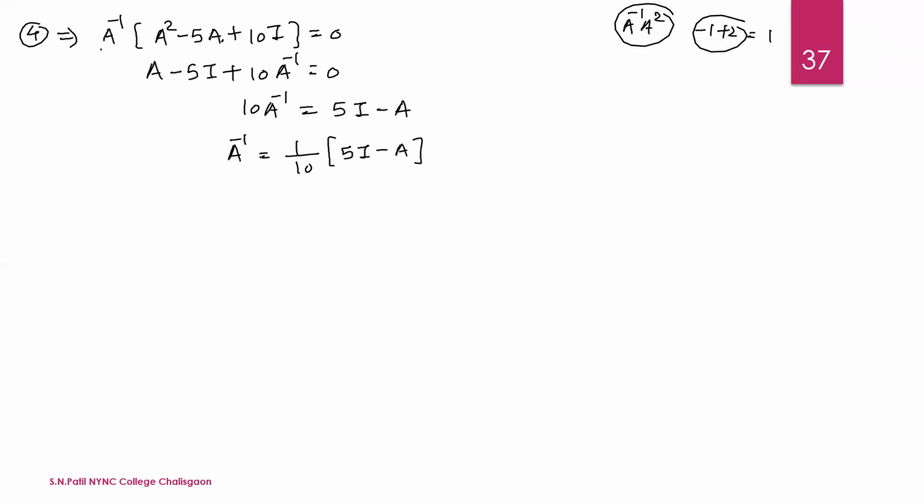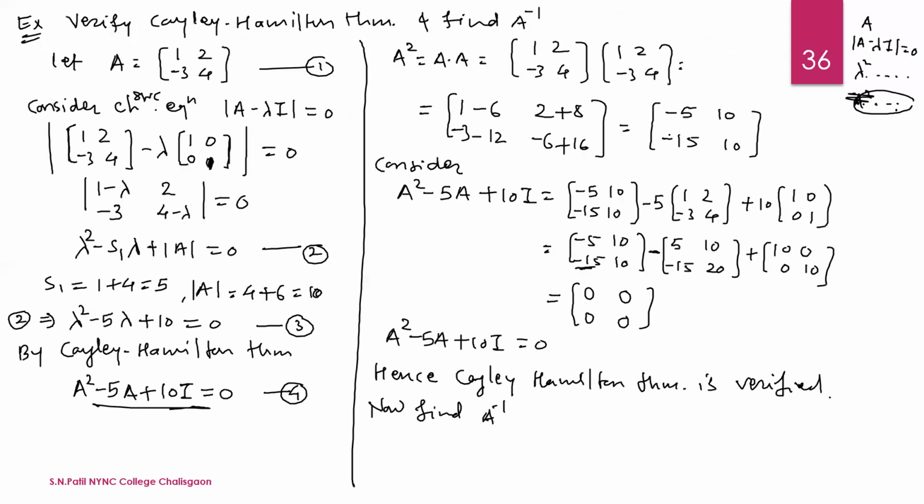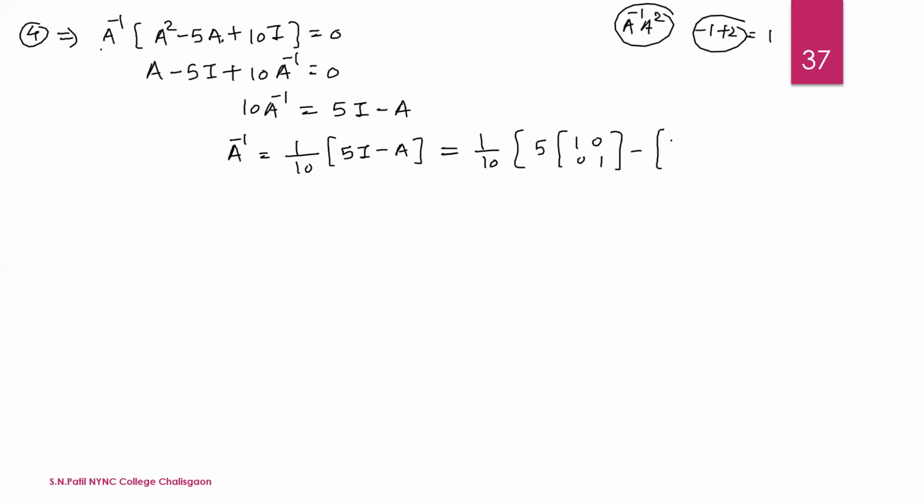Let us put in the values: 1 upon 10 times 5 into the identity matrix minus A, where A is 1, 2, minus 3, 4.